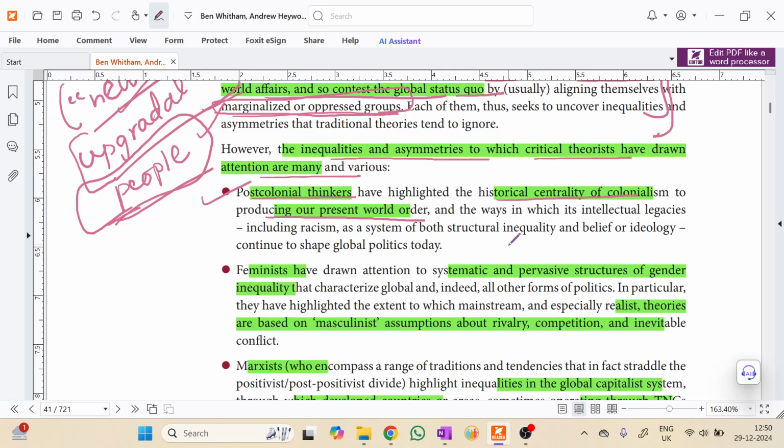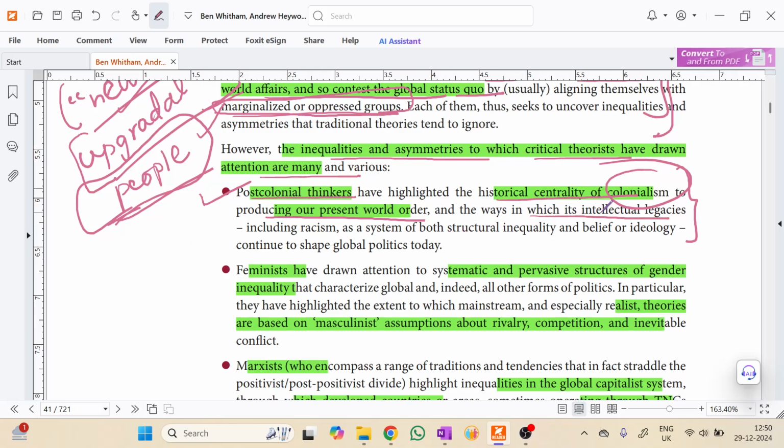So according to them, the present world order post Second World War is based on the template of colonialism, because many nations all around the world have been put under a colonial yoke. They have been subjugated by European colonialists. So the present order, intellectually, physically, spiritually, is a colonial construct.